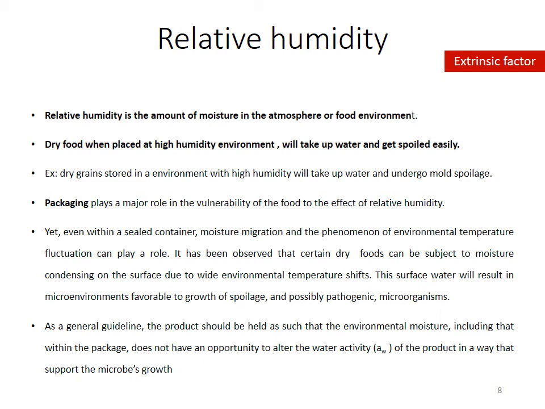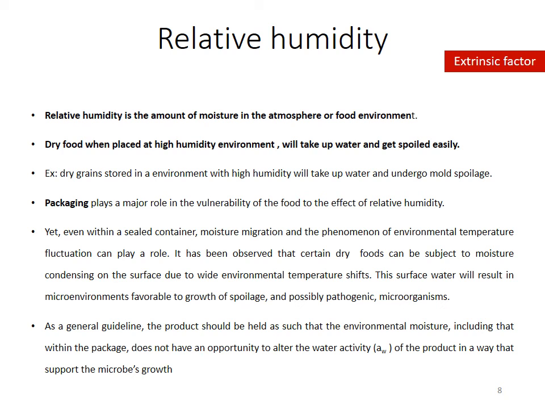And also we have the phenomenon of temperature fluctuation in our environment that can also damage the food, because it has been observed that certain dry foods can be subjected to moisture condensing on the surface because of the environmental temperature shift, and this surface water will result in a micro environment that can support the growth of pathogens.